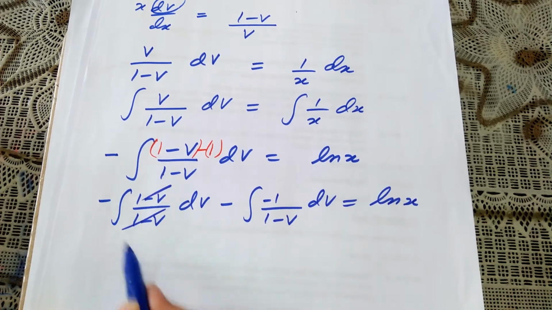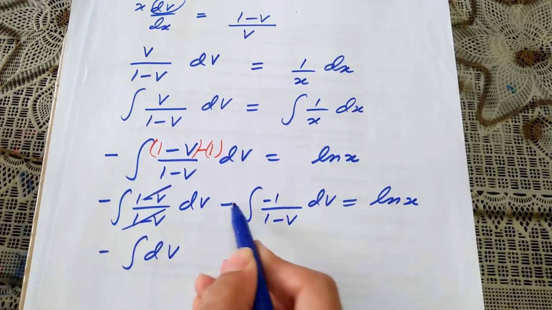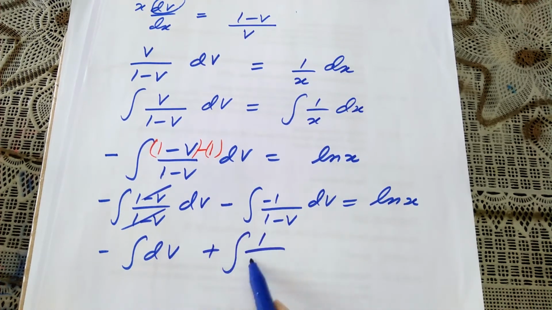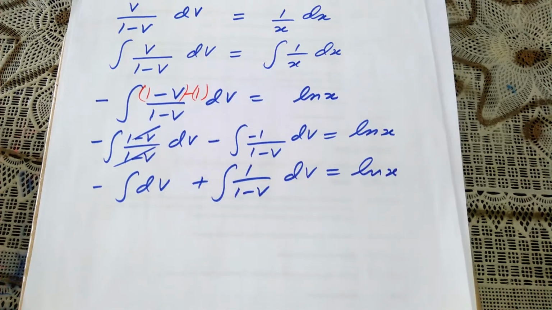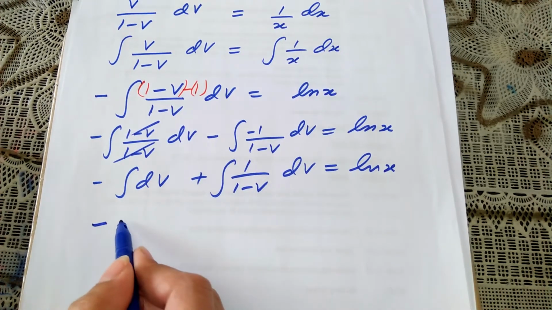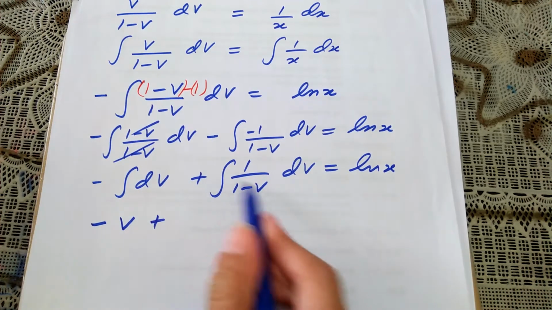From here I got integration of dv, minus minus plus, integration of 1 over 1 minus v dv equals ln of x. So from here I got minus v plus this function.